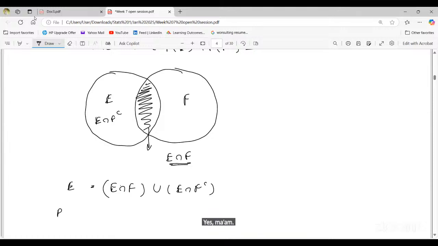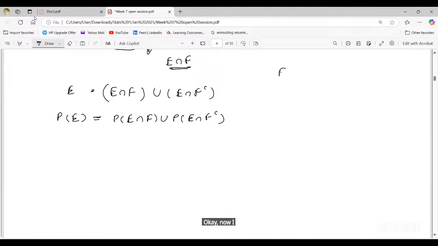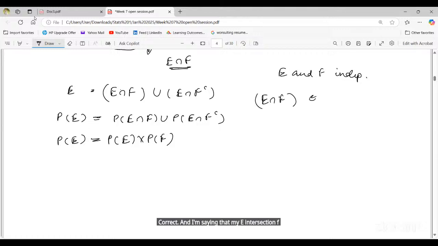Now, if I put in the values of probability here: E and F are independent, so I can write E intersection F as the probability of E into the probability of F. And E intersection F and E intersection F complement are mutually exclusive.